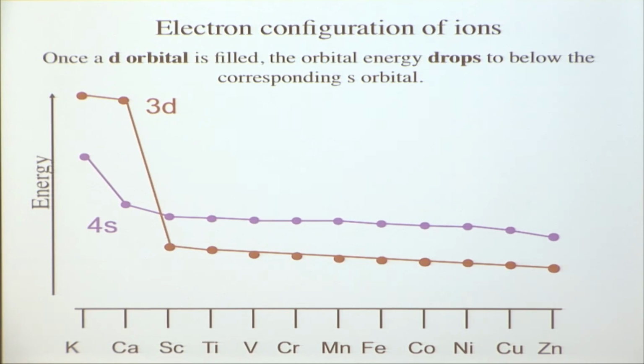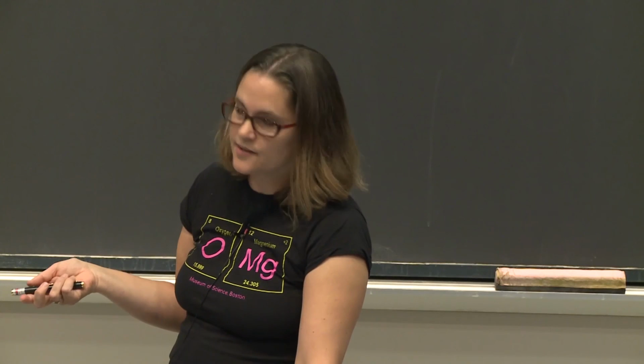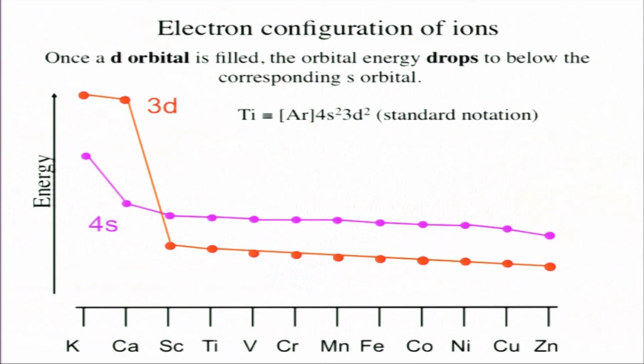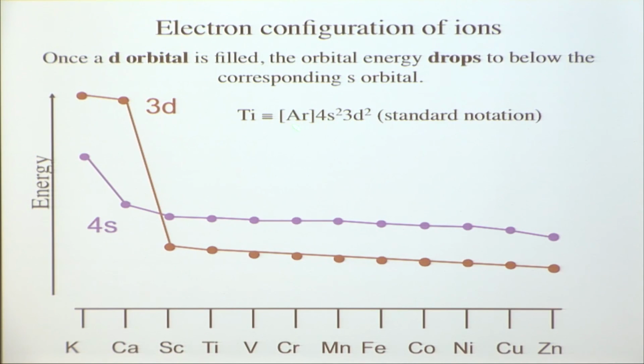And this is really only important when you're talking about ions. So if we were asking here about this one, we would normally say, okay, we put our 2 4s in, and then we have 2 3d electrons. But now, because we've started to fill the 3d, if we're going to really do this in terms of energy level, we could reverse the order. And we would accept both of these for the neutral atom. You could do either here.